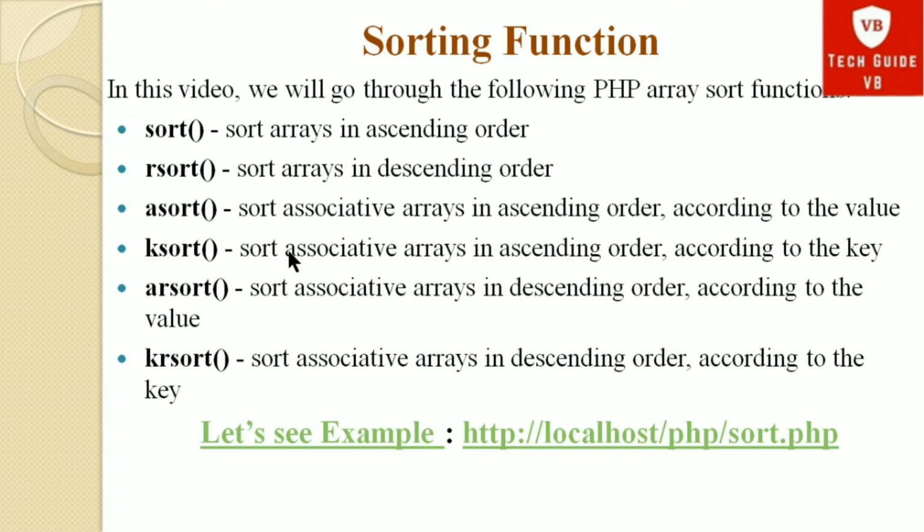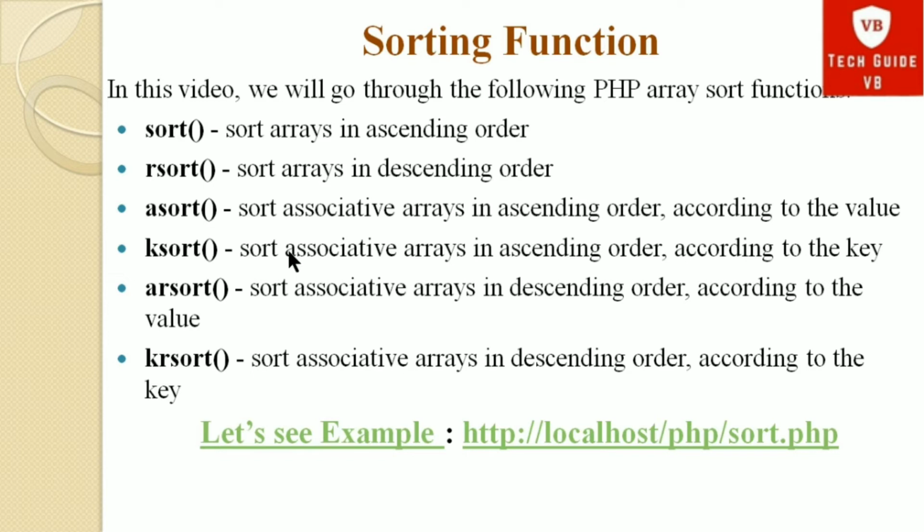Then the fifth function is arsort, which sorts associative arrays in descending order according to value. So asort and arsort are two opposite functions. One sorts the array in ascending order and one in descending order according to the value.